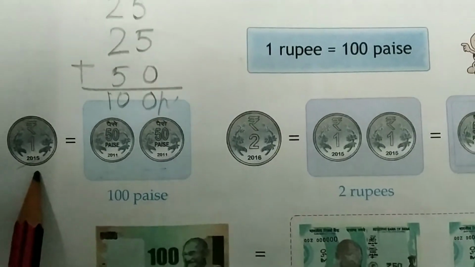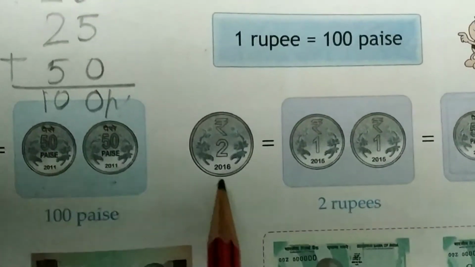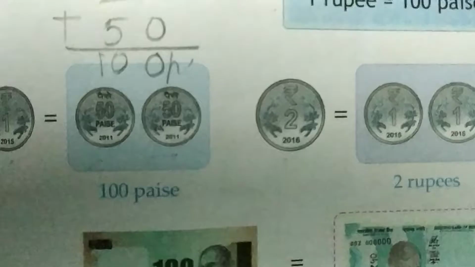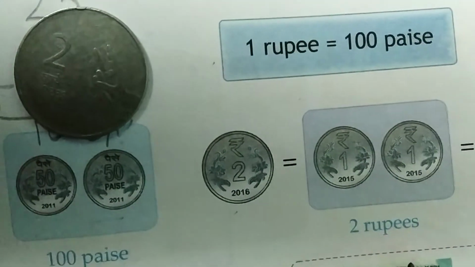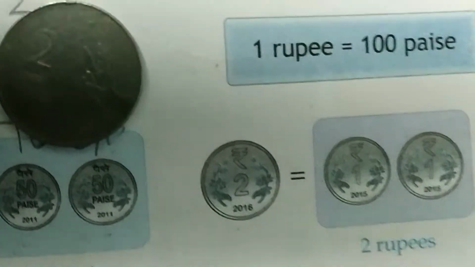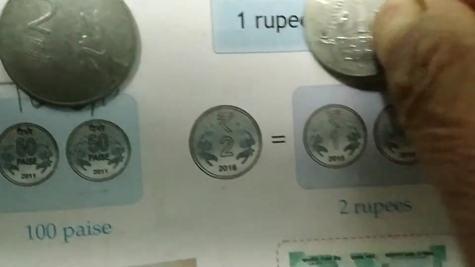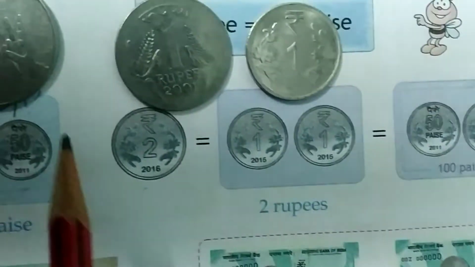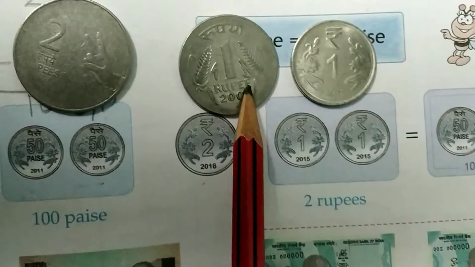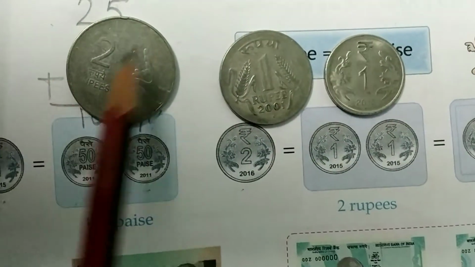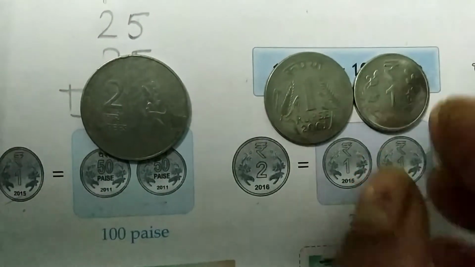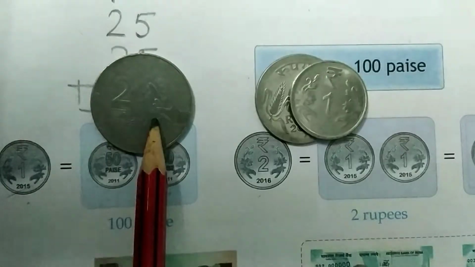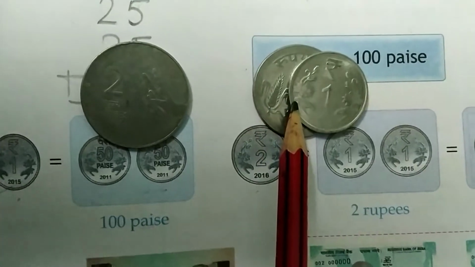If we are talking about 2 rupees, you know very well, if we take 1 rupee and this is also 1 rupee, both have the same value, and if we combine them, this is equal to this.